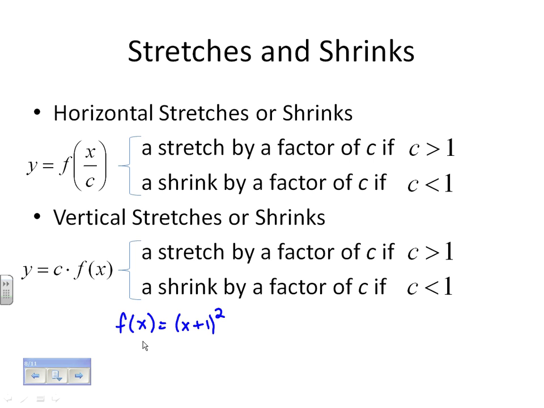If I want to do a horizontal stretch of 2, then I have to think about what f of x over 2 is. That's going to be a horizontal stretch of 2. So I would plug in x over 2 right here, which is the same as 1 half x. And that's what my function would be.